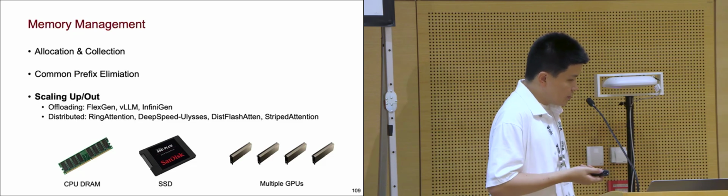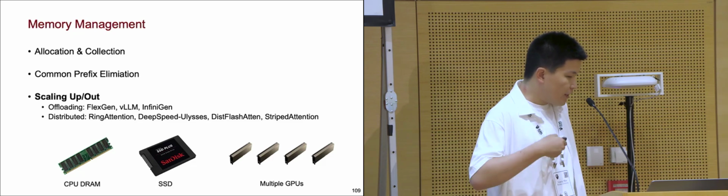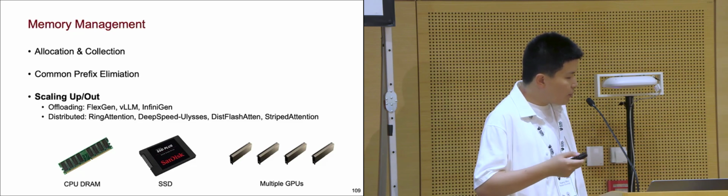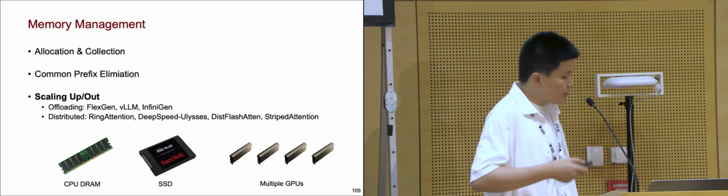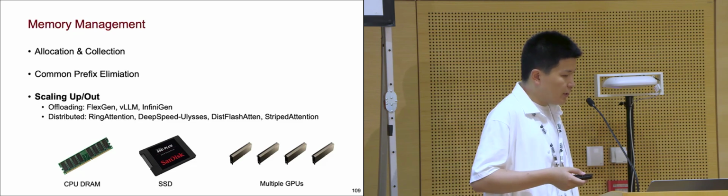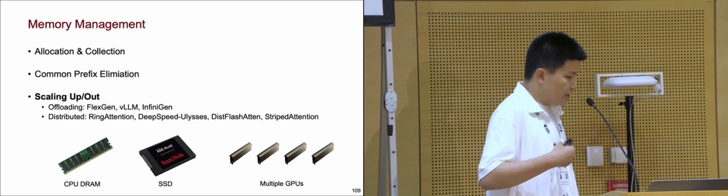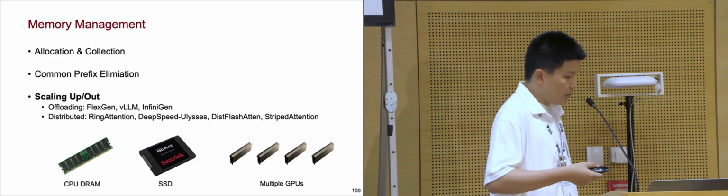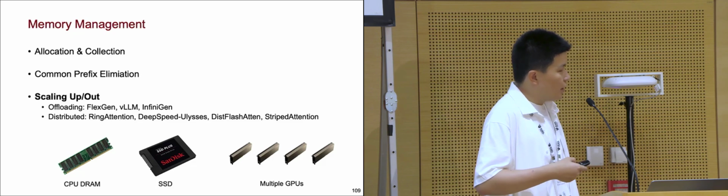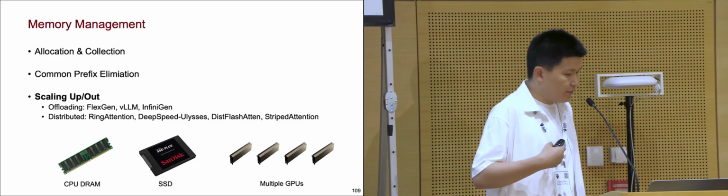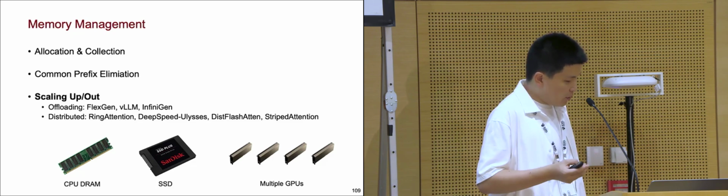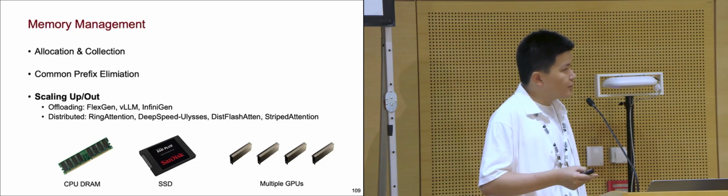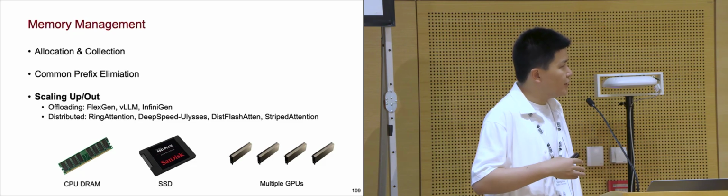The second line of approach is trying to figure out the common prefix in the output tokens, so we can eliminate that redundant memory usage. For example, in vLLM and its follow-up SGLang, there are a lot of applications where you have a very long chatbot history, and there might also exist some different branches, and some of them may share the same prefix.